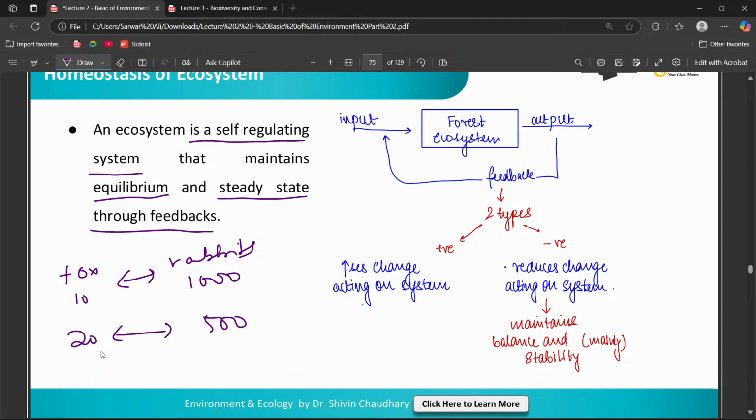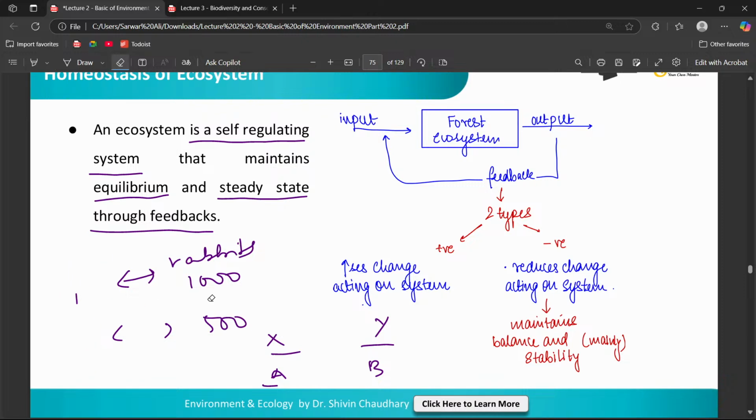Eventually the fox population will keep growing because it is getting food, and rabbits will almost get decimated. Now foxes will not find food, so the fox population will start decreasing. In this way there will be a back and forth in population. It will keep changing unless a new balance is maintained. That is how an ecosystem self-regulates itself.